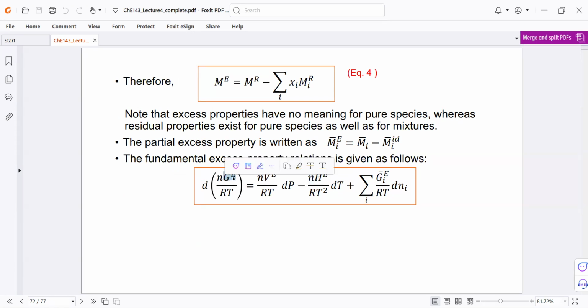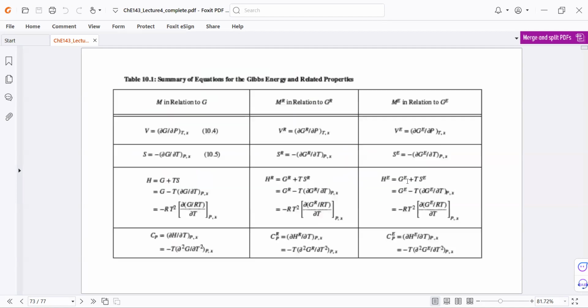So it's now G superscript E, and all of the properties are excess properties. We can use the generating function to derive expressions for the other properties, like for volume, entropy, enthalpy, and also for the specific heat.